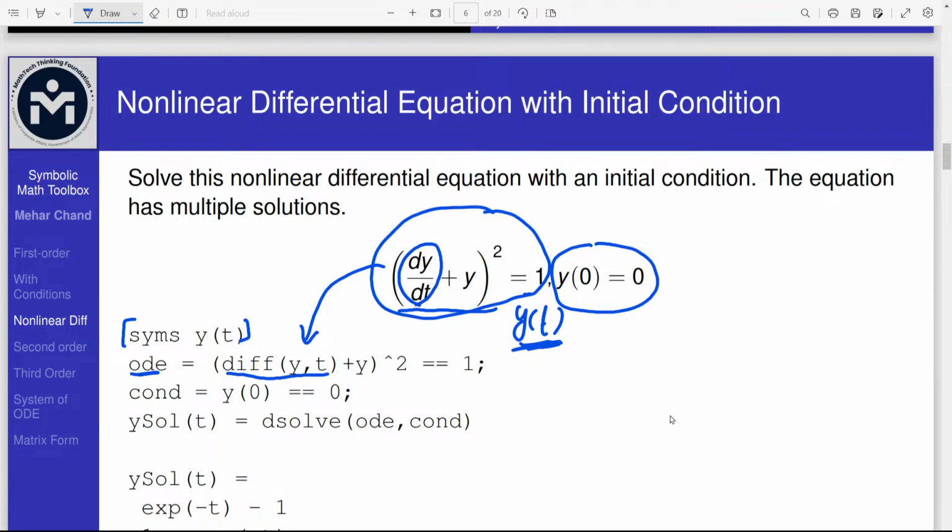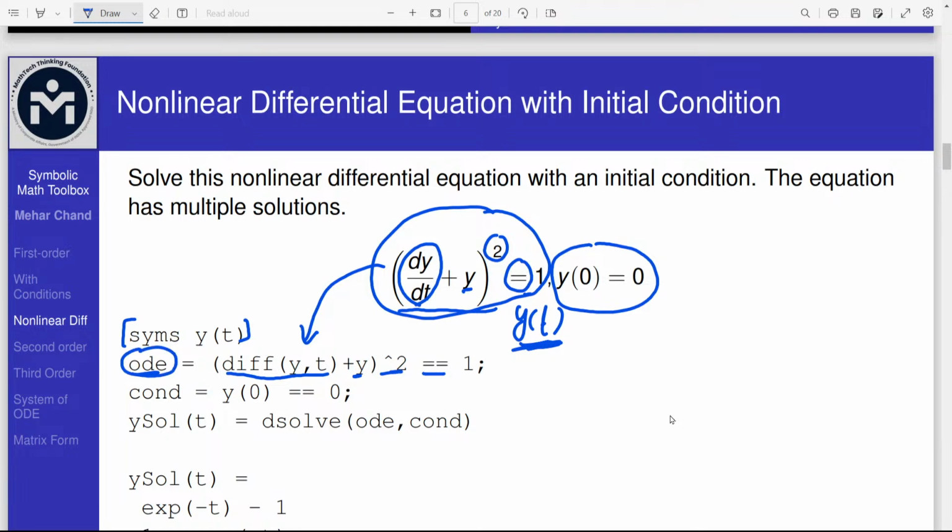This is the first order derivative with respect to t. Then we have plus y(t), close the parenthesis, and then ^2. Then double equal means equal to 1. So this differential equation has been stored at this place.